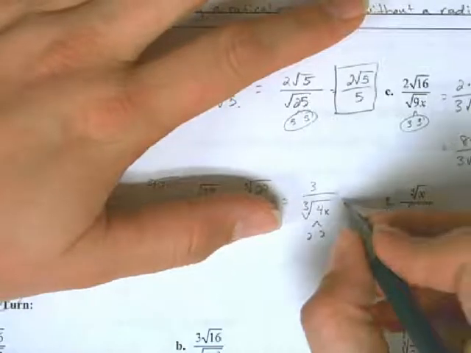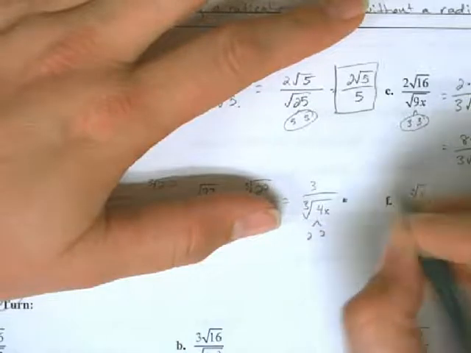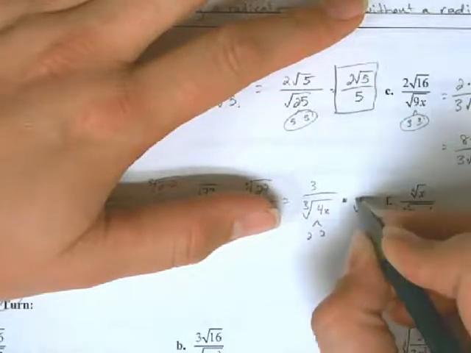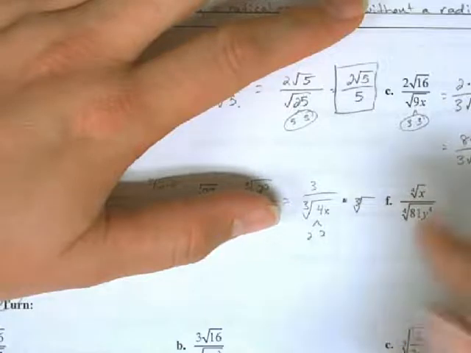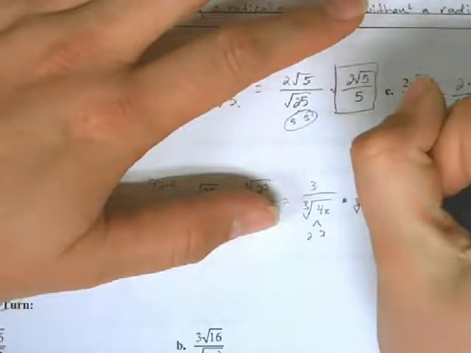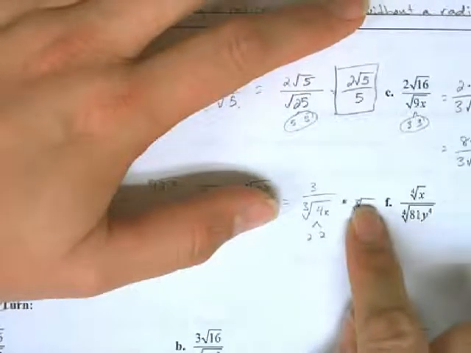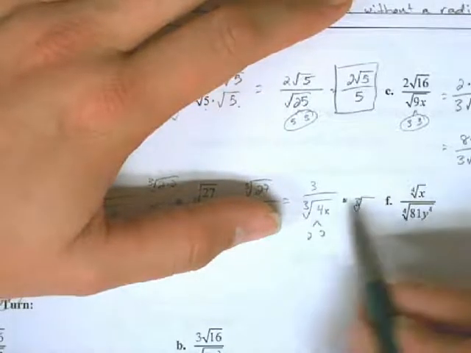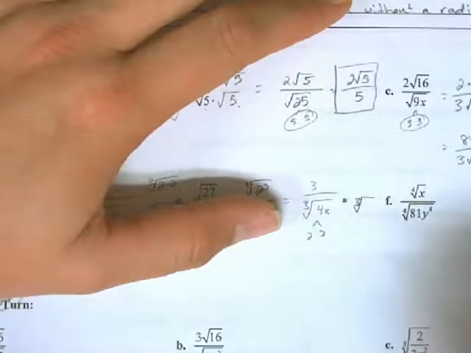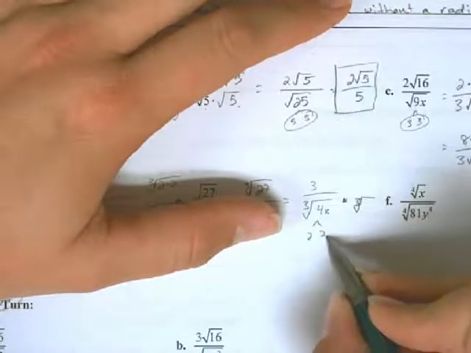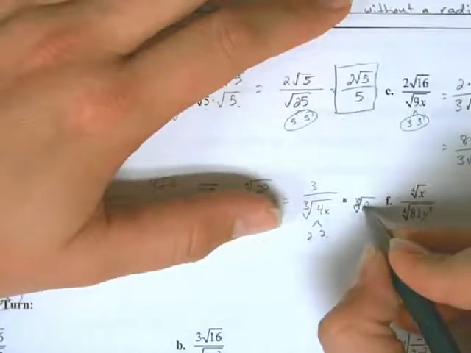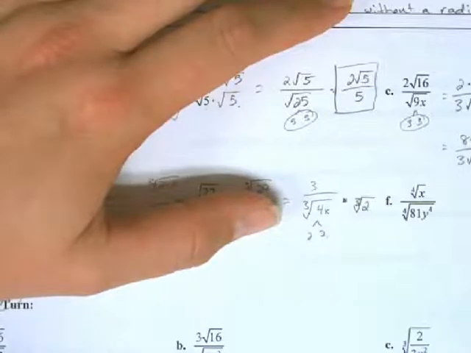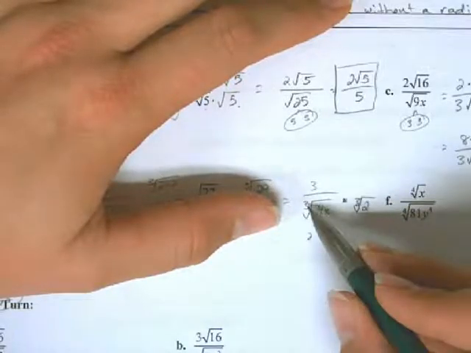So when I multiply, I'm going to multiply by the cubed root. Yes, the root does have to match, so that way I'm allowed to multiply underneath together. If the roots aren't the same, then I can't multiply them. So cubed root, I've got 2 2's, so I need a third 2, because 2 times 2 times 2 would be 8, and that's a perfect cube.